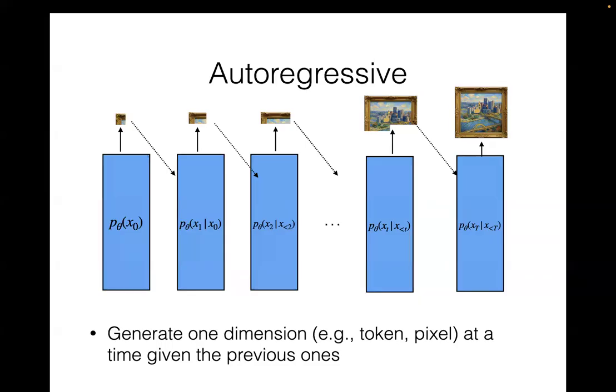So with text, maybe there's a natural left to right ordering, and you can break things down into tokens. So maybe we can think about doing something similar for other types of data like images. This is actually called raster scan order, which is basically left to right, top to bottom. We'll talk about this in a bit more detail, but maybe you could try to build an autoregressive model.